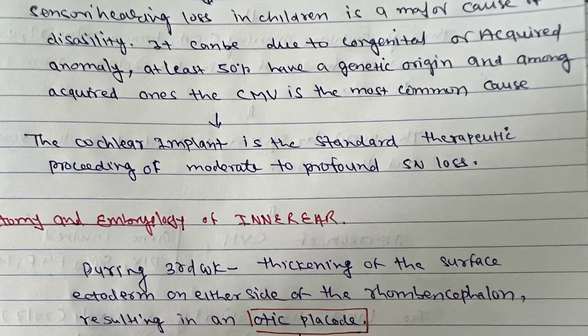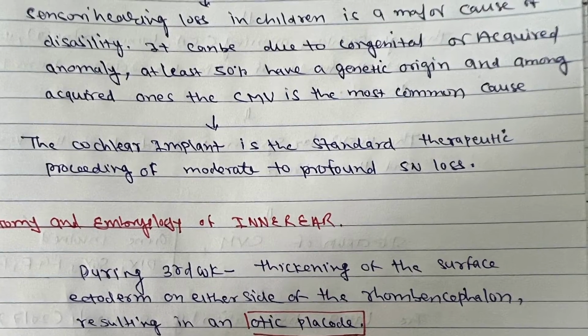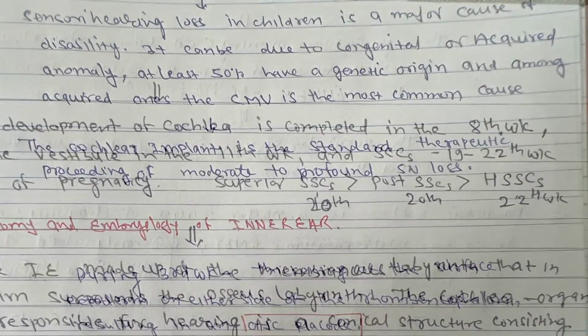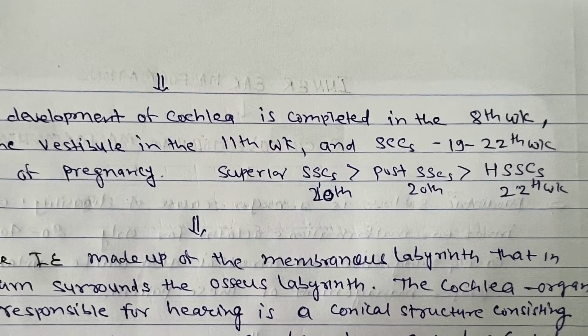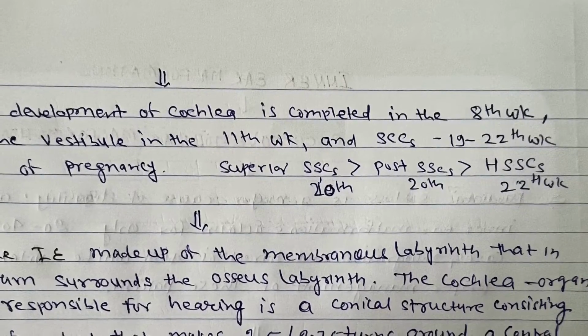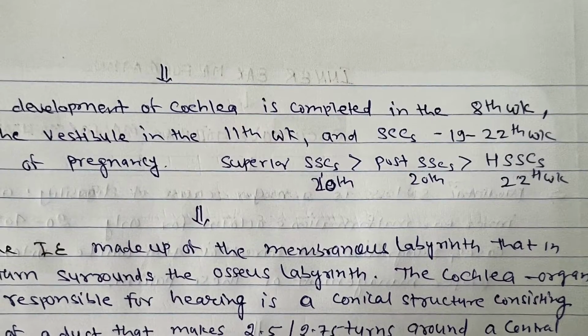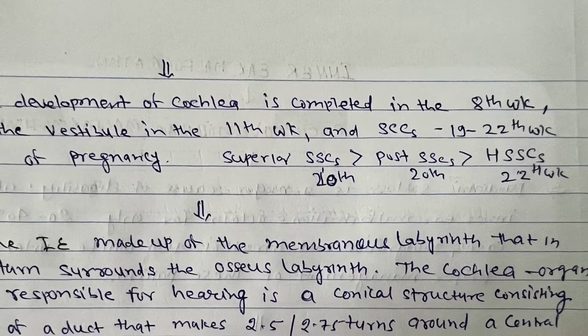The inner ear is made up of the membranous labyrinth, which is about 2.5 turns, and this turns around the modiolus, and the osseous spiral lamina reaches out to divide the duct into scala vestibuli and scala tympani.